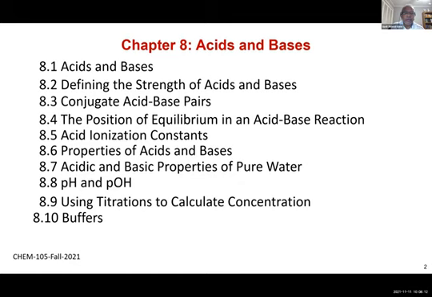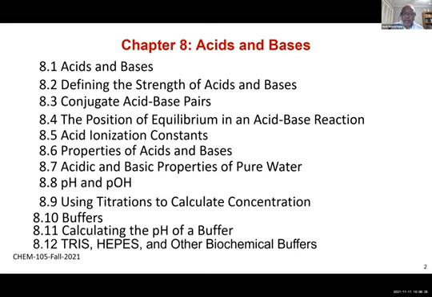So we need to also calculate the pH of a buffer solution. There are a few biochemical buffers like Tris. We're going to talk about that, and how they affect the pH of biochemical solutions.